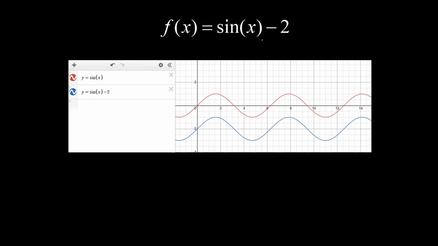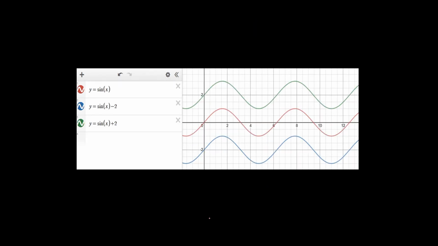Here is minus 2. Notice the blue line has now shifted down 2 units. And it's done that everywhere. Putting them all together, there they are. So regular old sine right in the middle.